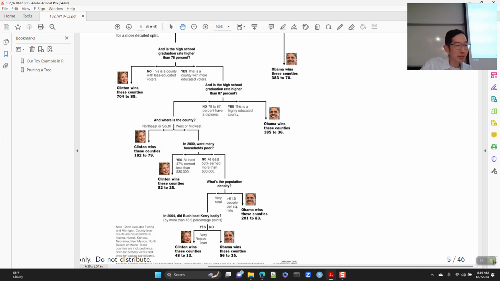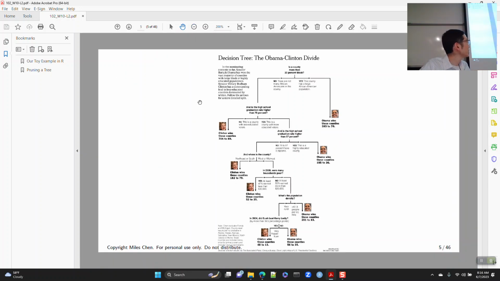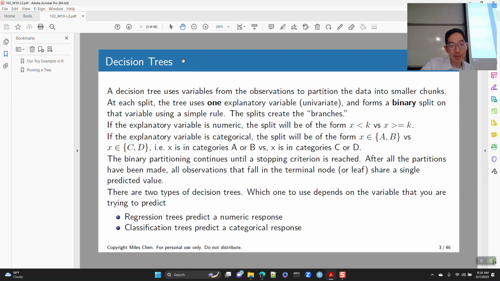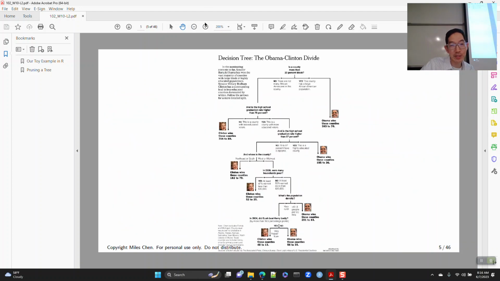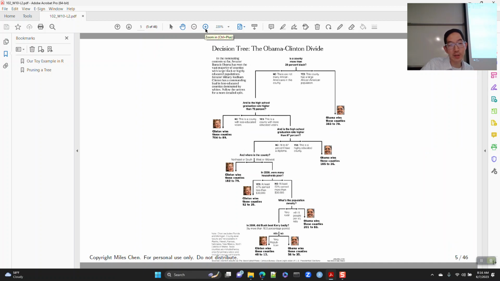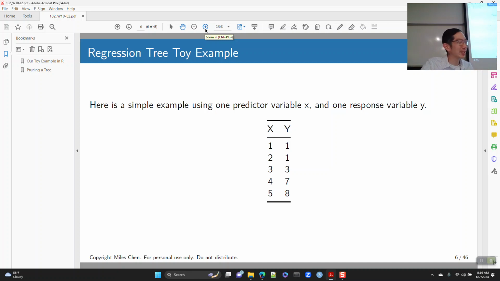It's kind of interesting because if you did not know which face you would put over here, and you just read these questions, I think we would probably think it was a different person. But anyway, that was a decision tree that actually got published in the New York Times, and I thought it was kind of neat to see one of your statistical applications show up so clearly in a public setting.